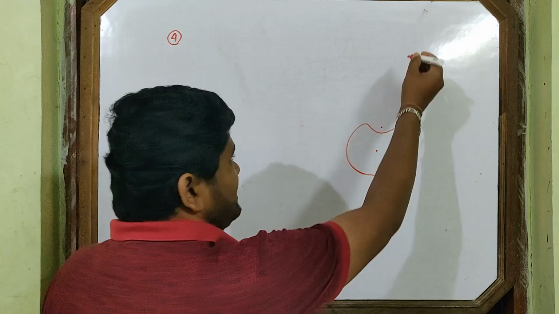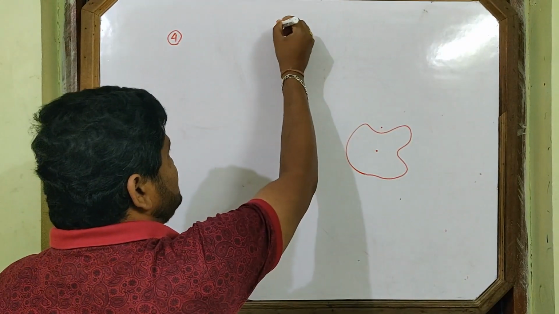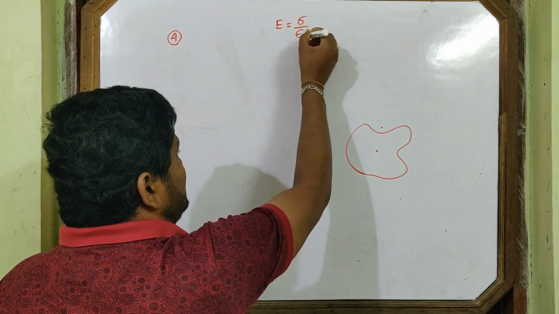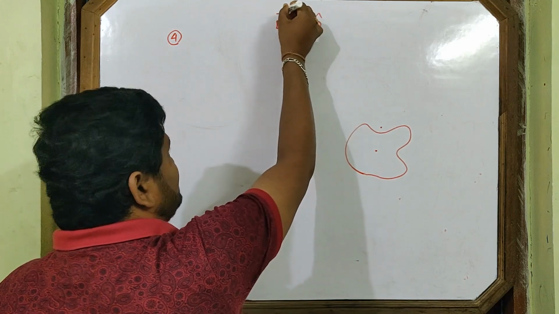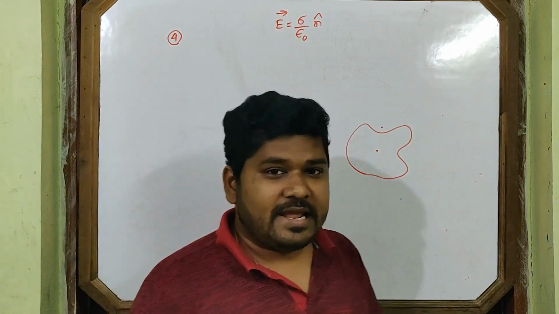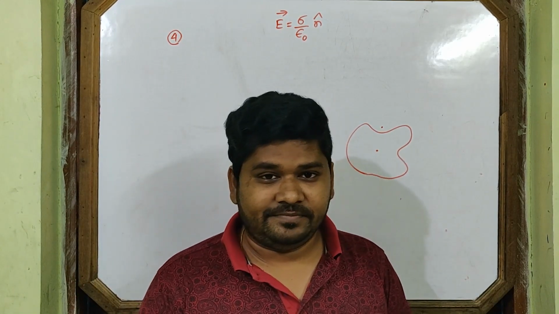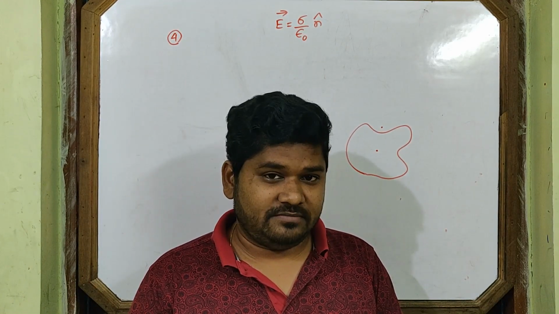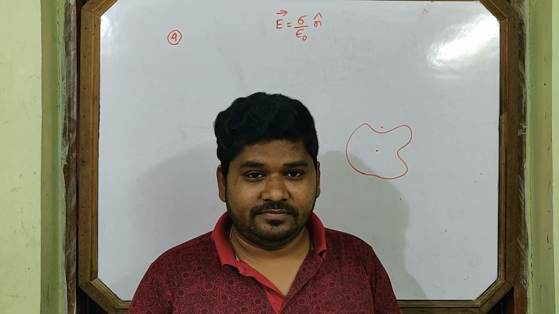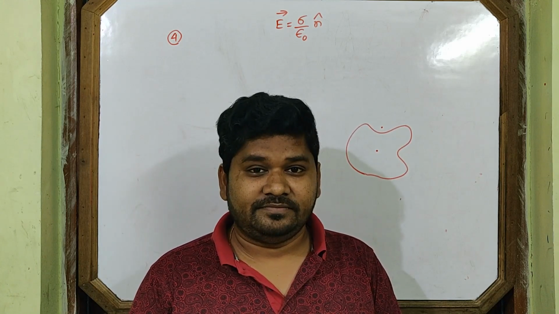It is sigma by epsilon naught. Electric field is sigma by epsilon naught n cap. N cap, if it is a positively charged conductor, will be perpendicular outward, normal to the surface.